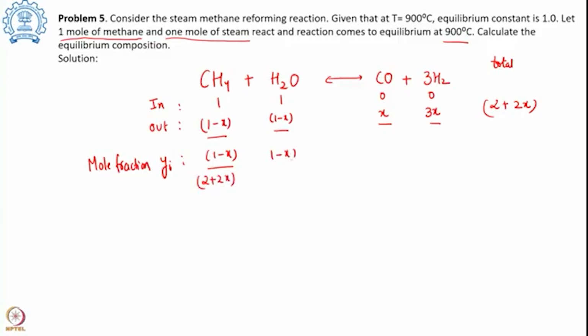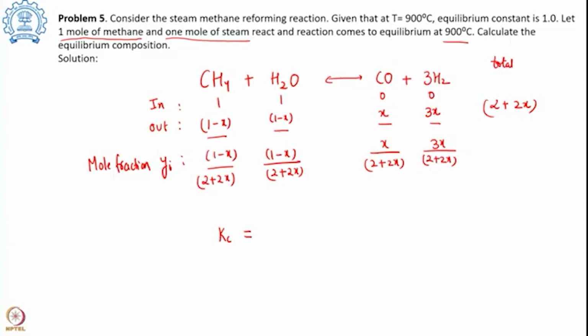In the same way, it is 1 minus x upon 2 plus 2x for each reactant, x upon 2 plus 2x for CO, and similarly 3x upon 2 plus 2x for hydrogen. Now, we will use that in the equilibrium constant to find the value of x for this equation.